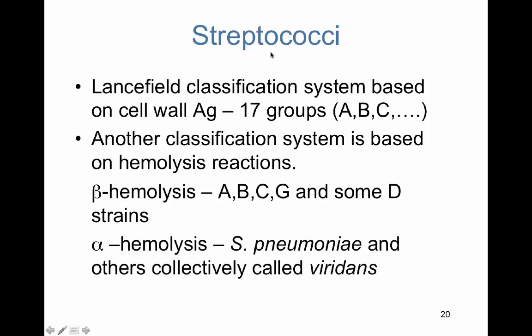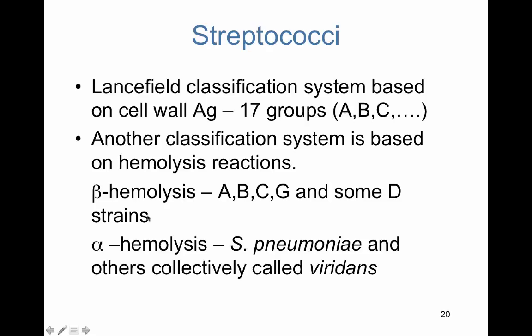Now remember, Rebecca Lancefield was an early microbiologist that worked with this bacteria, and she was successful in determining the different cell wall antigens associated with many different species. So this was known as serotyping based on those different groups.